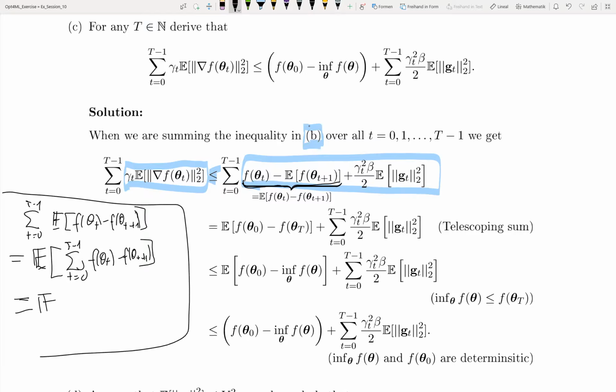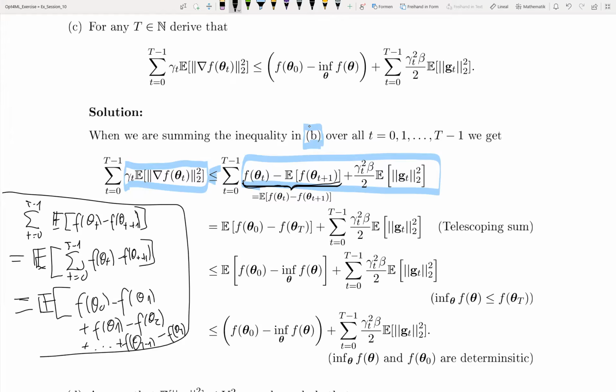Namely, we get here f of theta 0 minus f of theta 1 plus f of theta 1 minus f of theta 2, and so on, till we arrive at f of theta t minus 1 minus f of theta t.